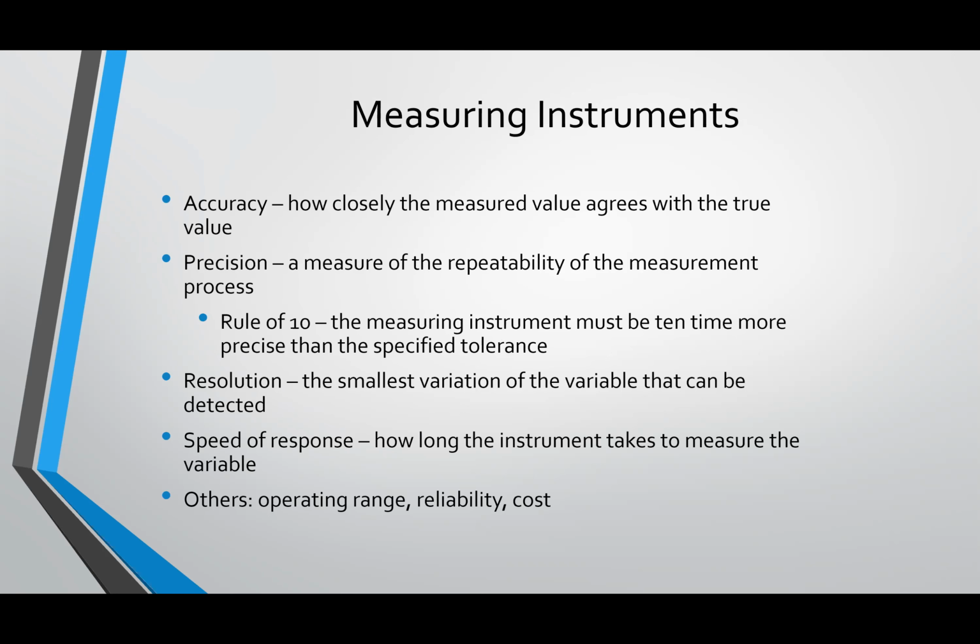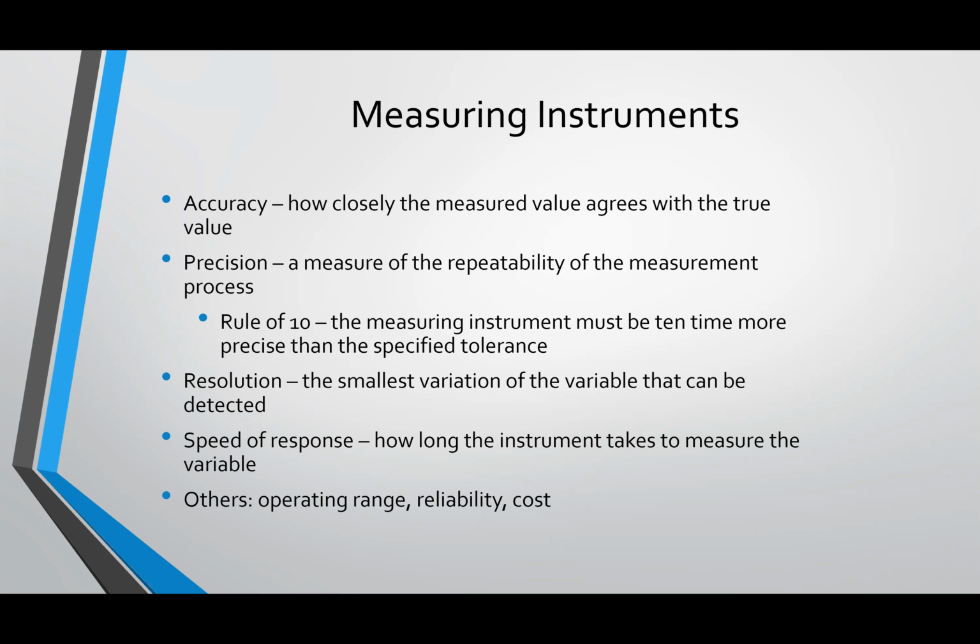When we look at the instruments themselves, precision and accuracy become really important. Accuracy is how close the measured value is to the true value. If you have a snap gauge, you're able to see it either is or is not correct.